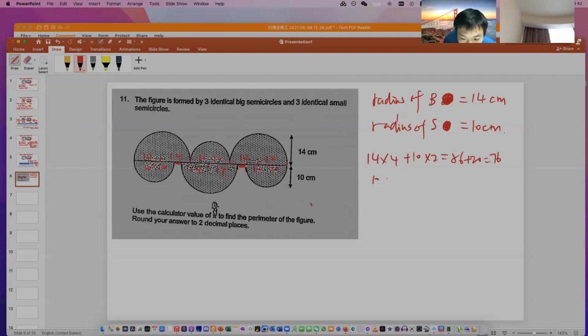Below is 10 times 4, then plus 14 times 2, so it's 40 plus 28, which is 68. So these two small parts are equal to 76 minus 68. Do you get 8 cm?